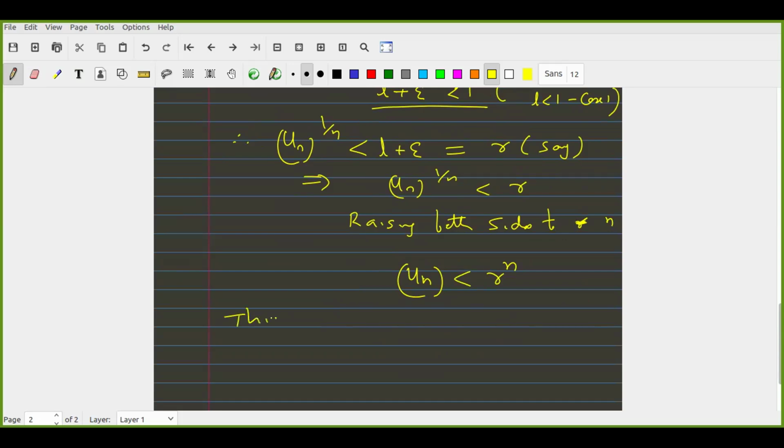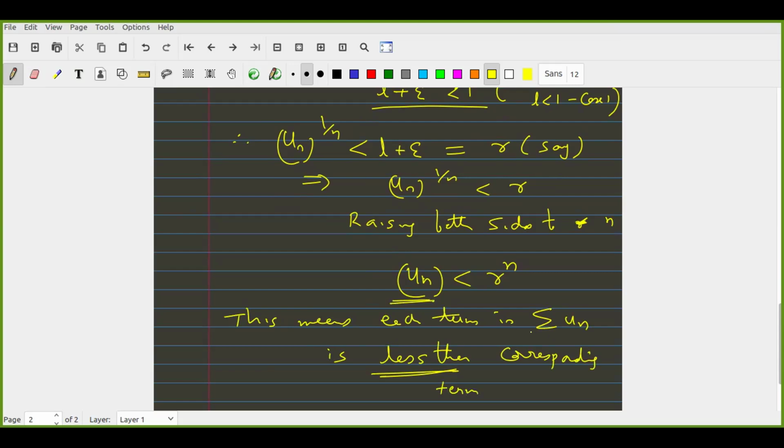This means each term in our series un is less than the corresponding term. See what I'm doing? The left hand side I've considered as a series.